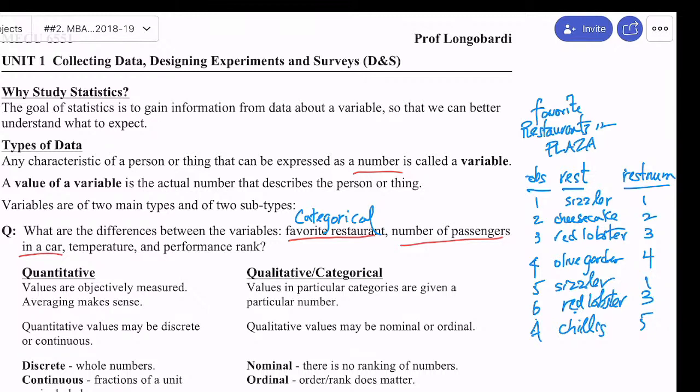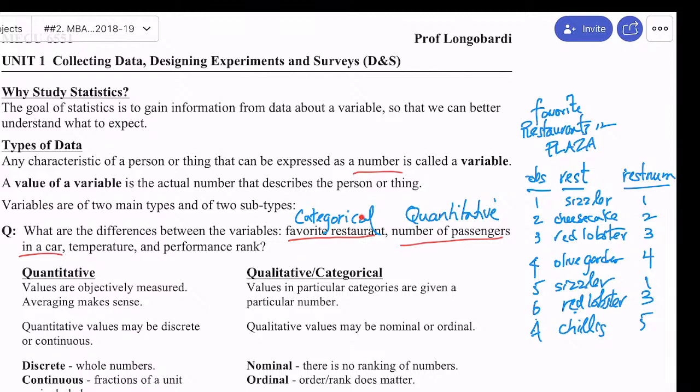And every time I count, the value I assign would be the same as another person counting. It would be objective how many people are counted in a car. So in this sense, it's quantitative.